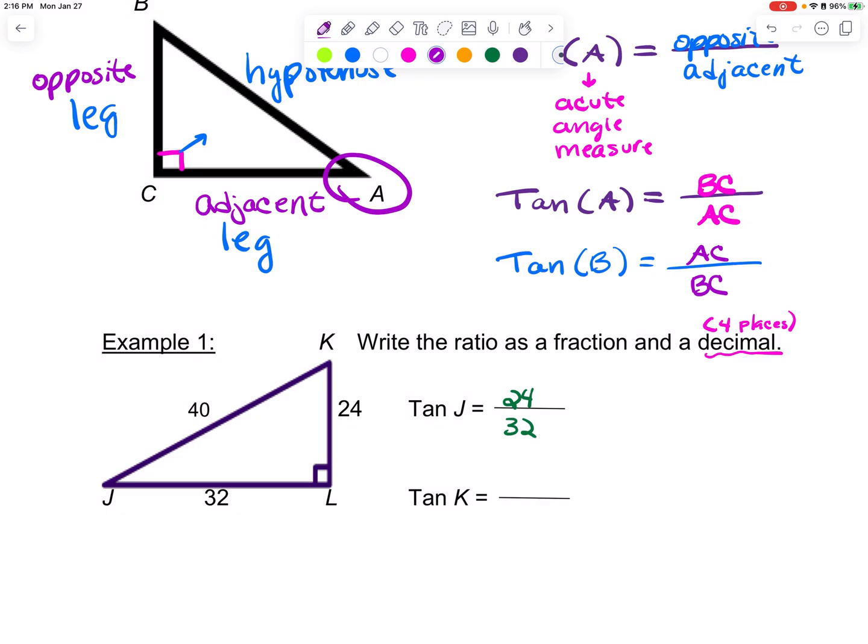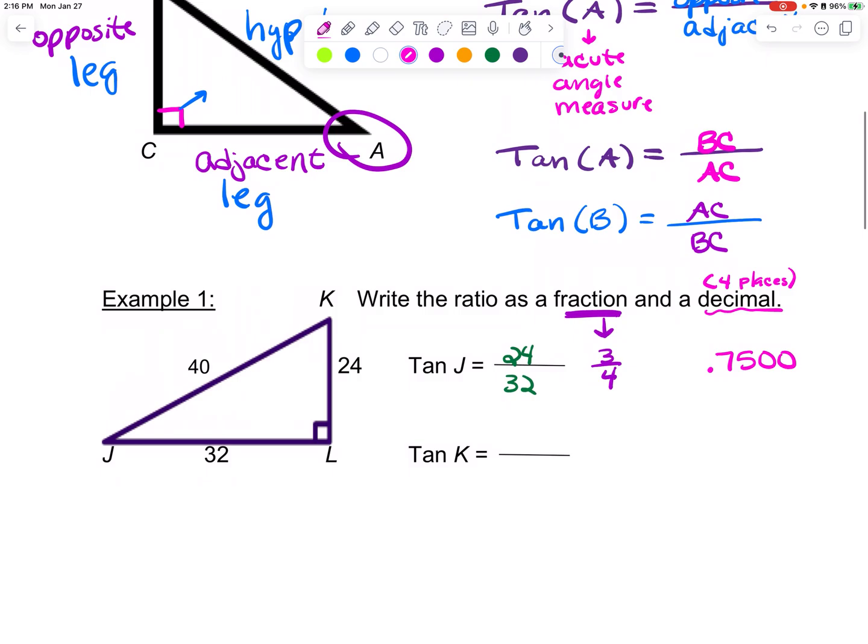Simplify that fraction, and we get 3/4. Place that into the calculator, 0.7500, 4 decimal places. The tangent of K: opposite is 32, adjacent is 24. So therefore, simplify, 4/3, or 1.3333.